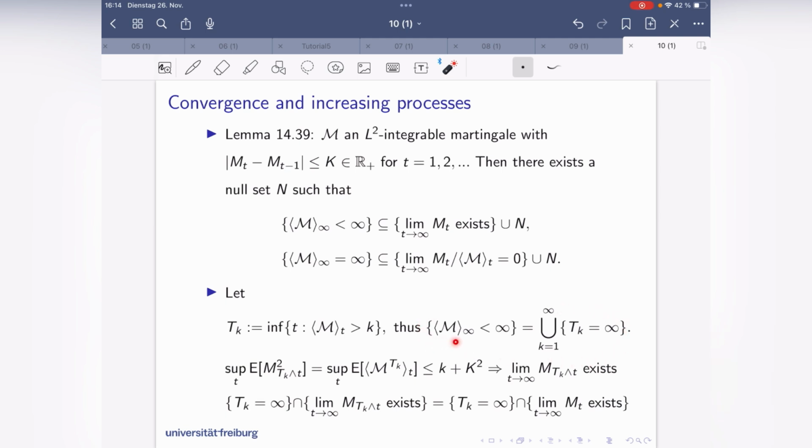If the increasing process is finite, the stopping time here must be infinite. Therefore, okay, we know that M squared minus the increasing process is a martingale. So the expectations are the same of M squared and the increasing process, like this here.